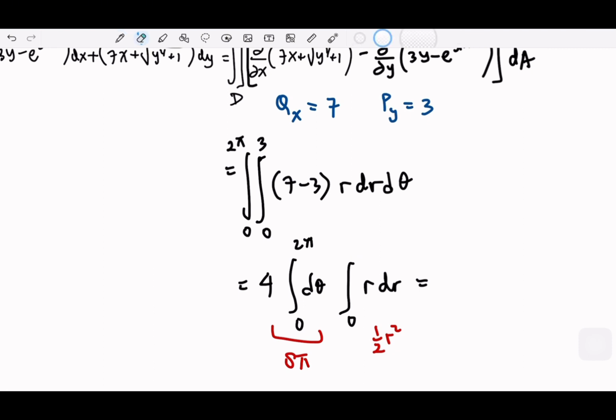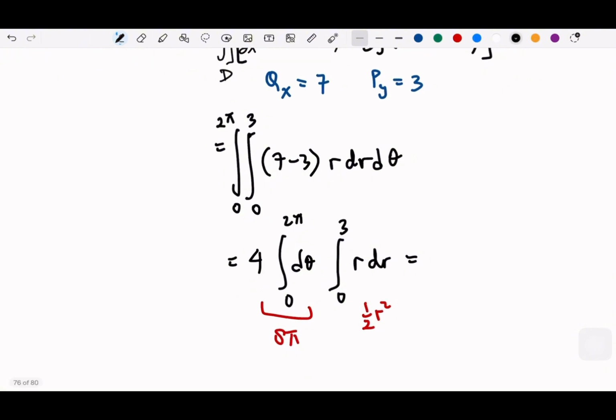Oh, why r? It should be 3. So half multiplied by 9 is 9 over 2. So 8 divided by 2 is 4. 4 multiplied by 9 is 36. So 36 pi.